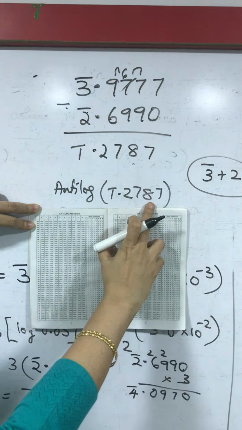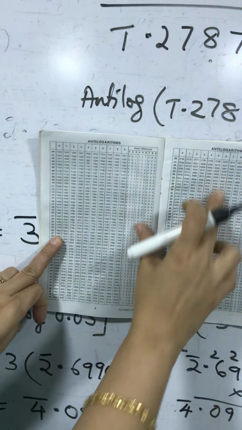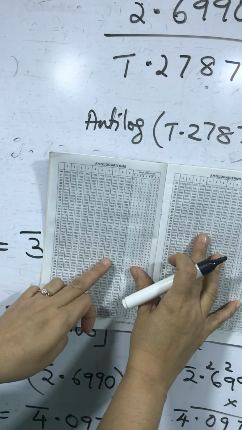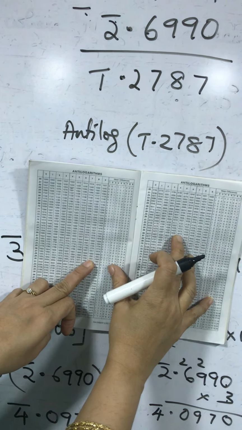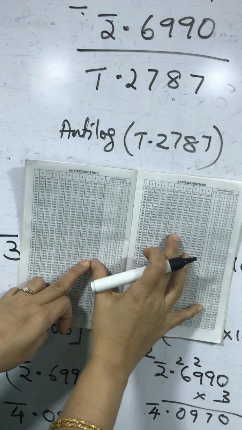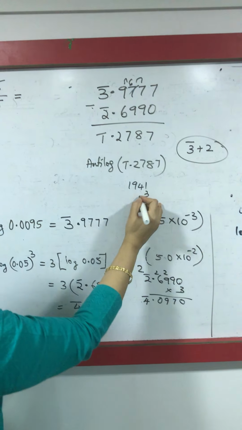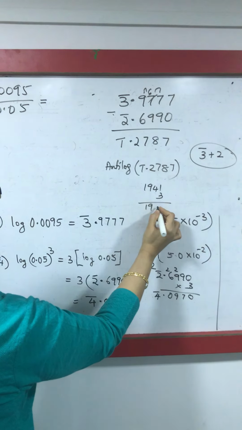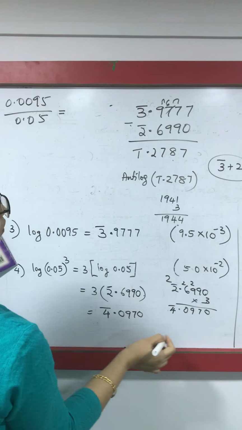If I have to find the anti-log, then I am finding anti-log only of the mantissa. So that is 27, which is here. Then it is 8. So I go to the main column 8. That will be 1941, which I will write. And mean difference 7, which is 3. So to 1941, I add 3. And that will be 1944. So the value of this will be 1944.